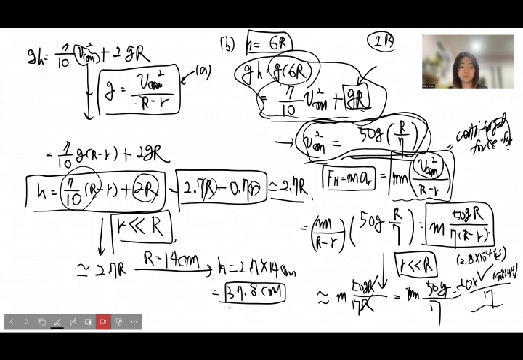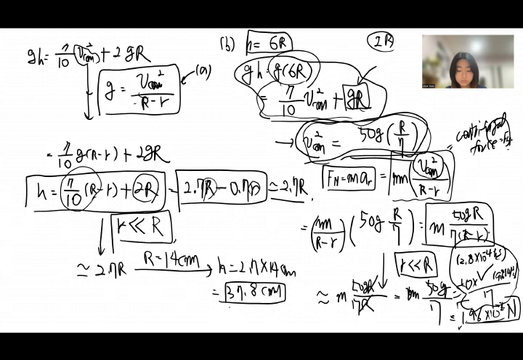So if you just plug in that number, we'll find that the answer is 1.96 times 10 to the minus 2 Newton. It's about 20 millinewton.